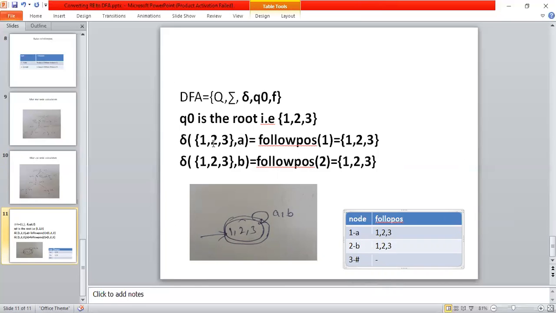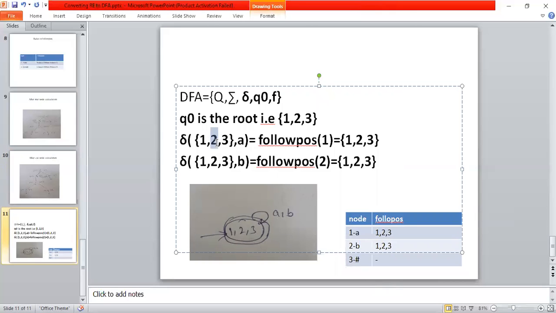Here I'm constructing the transition for all the inputs with A. So 1 with A: what state do you go to? 1, 2, 3. So the follow position of 1 is 1, 2, 3. Similarly go for 2 with input A. Do you have any state for 2 with A?